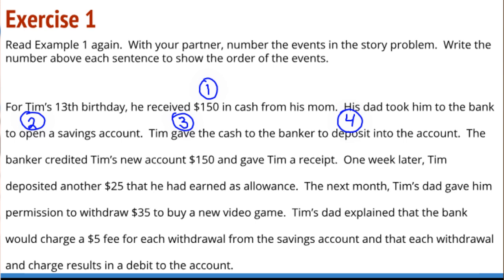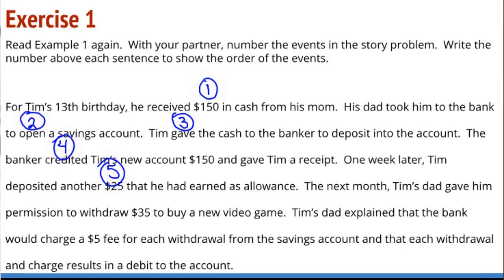Okay, so this credit and the deposit are the same thing. Credited Tim's new account $150 and gave Tim a receipt. 1 week later, Tim deposited another $25 that he had earned as an allowance.